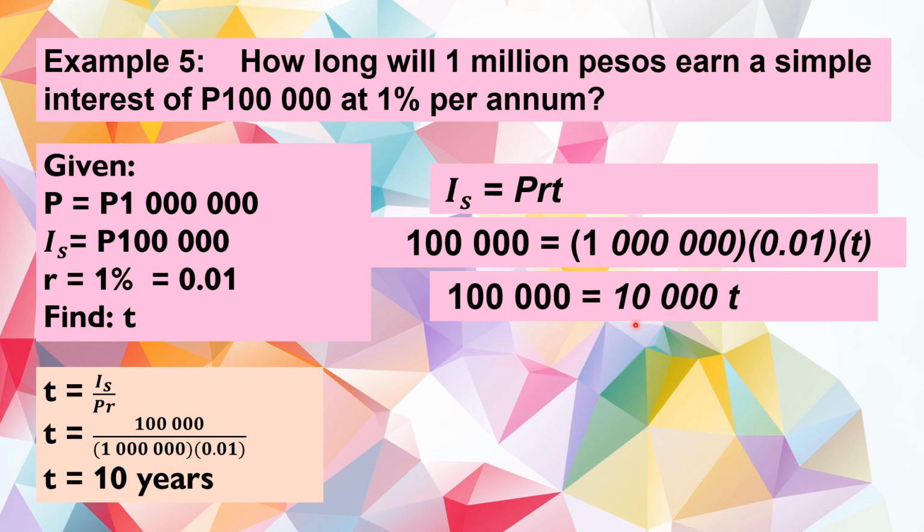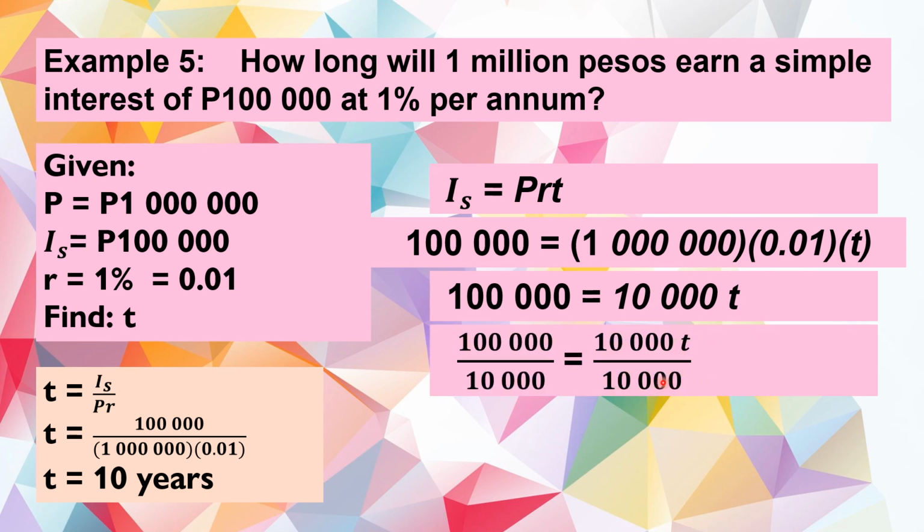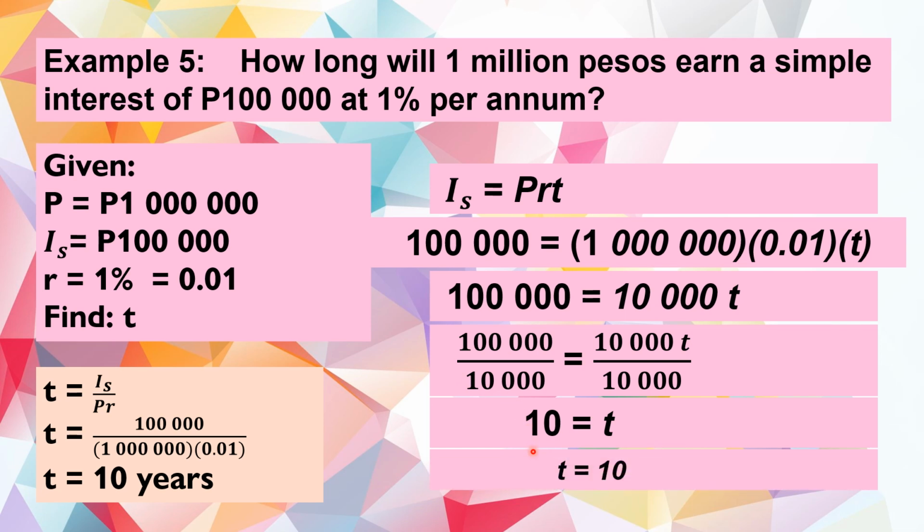So, para T lang ang matira dito sa ating right side, kailangan natin mag-divide both sides by 10,000. So, 10,000 T divided by 10,000 is equal to T. Then, 100,000 divided by 10,000 is equal to 10. Thus, our time is 10 years.